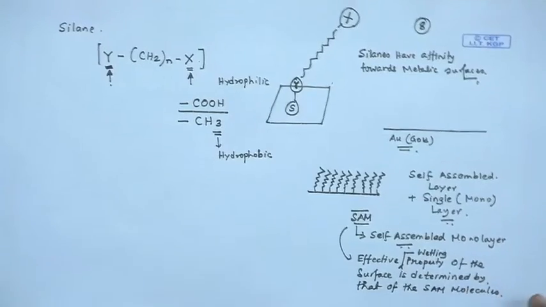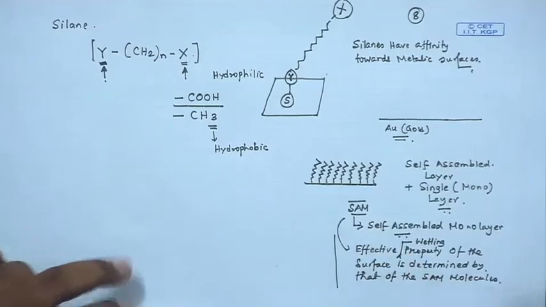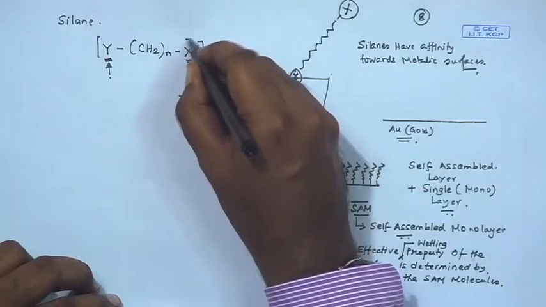At this point, you should not make a comment that, well, you have a self assembled monolayer coating and therefore, the surface is behaving like hydrophobic or hydrophilic. And why you should not jump to a conclusion? Because whether the surface will effectively behave like a hydrophobic surface or hydrophilic surface will depend on the nature of the group X.